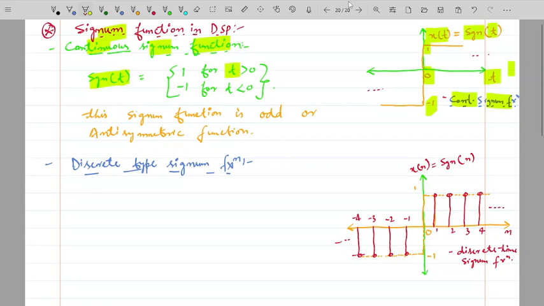When the value of t is negative, or less than 0, the amplitude of the signal is minus 1. Or simply, when the amplitude of the signum function is 1, t is greater than 0, and when the amplitude is minus 1, t is less than 0. This signum function is an odd signal, or antisymmetric function.